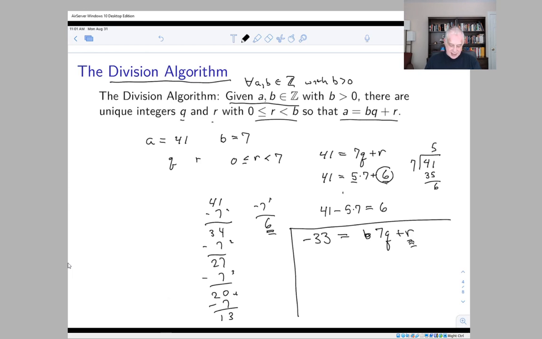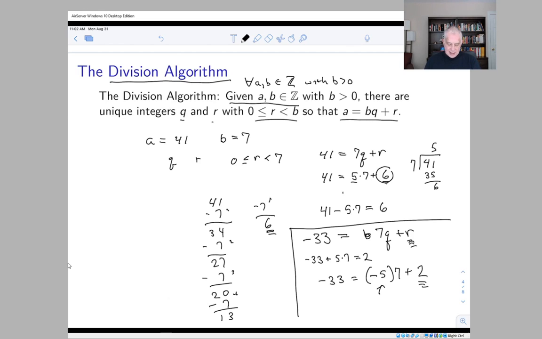And we're going to say negative 33 plus 5 times 7, which is 35, is 2. So negative 33 is minus 5 times 7 plus 2. So the quotient is allowed to be negative, but the remainder, at least if you're using this axiom, is always supposed to be positive and less than the thing you're dividing by.